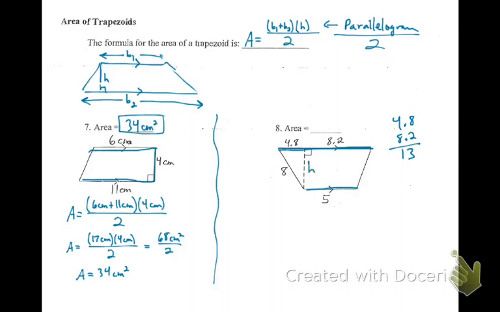So hopefully you realize you need to use the Pythagorean theorem because that's a right triangle. It's going to be h squared plus 4.8 squared is equal to 8 squared. Now you have decimals here, but it might turn out to be a nice number. Let's see. 4.8 squared, type that in your calculator, you end up getting 23.04.